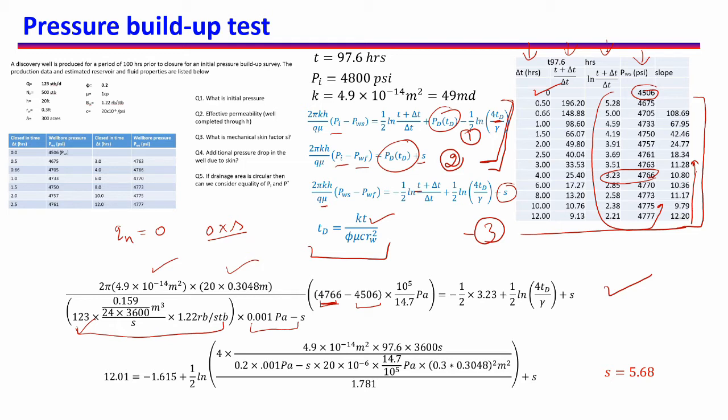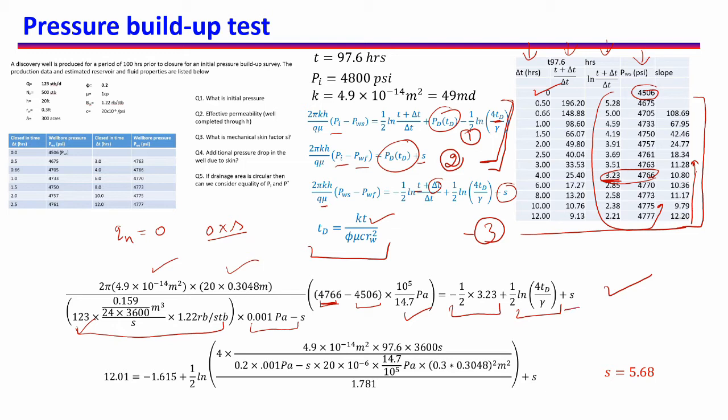So we will use that, convert it into Pascal, and minus 1 by 2 ln of (t plus delta t) by delta t, we are using this, so we will use 3.23. Then 1 by 2 ln of 4 TD by gamma, I am letting this stay here for a while. We will convert this in the next step, and then plus S. So this we can solve.